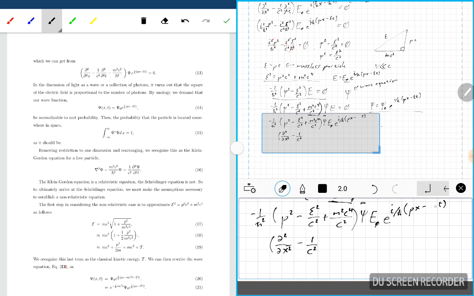I mean energy squared. That would be the second derivative with respect to time. That's how I could get that term out there. This term is not inside the exponential, so that one is not associated with a derivative.